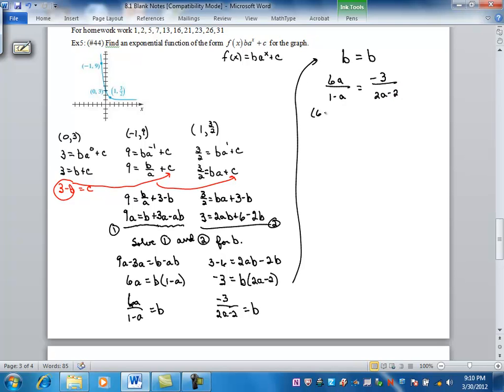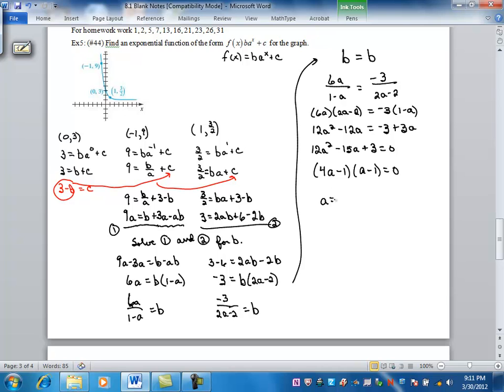And so now, of course, we've got 6a times 2a minus 2 equals negative 3 times 1 minus a, 12a squared minus 12a equals negative 3 plus 3a, 12a squared minus 15a plus 3 equals 0. And this will factor, of course, into 4a minus 1 times a minus 1 equals 0. This means that a equals 1/4, and it equals 1.